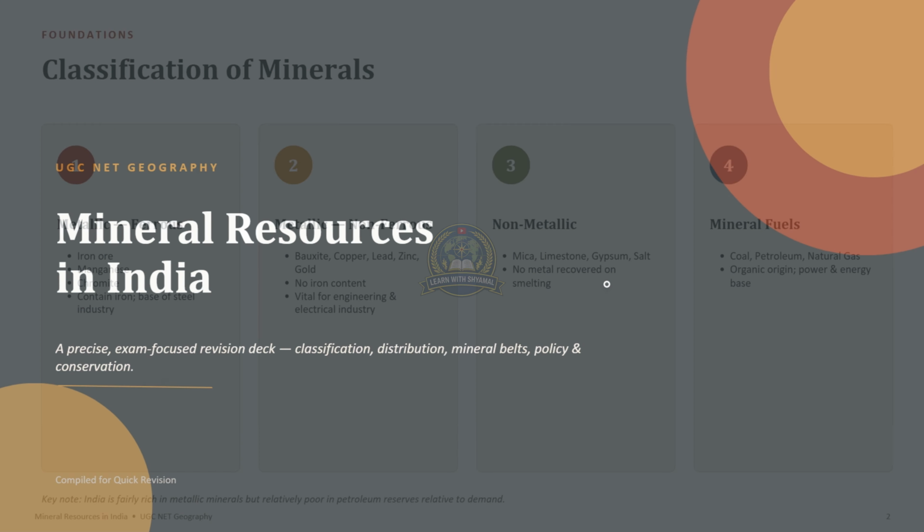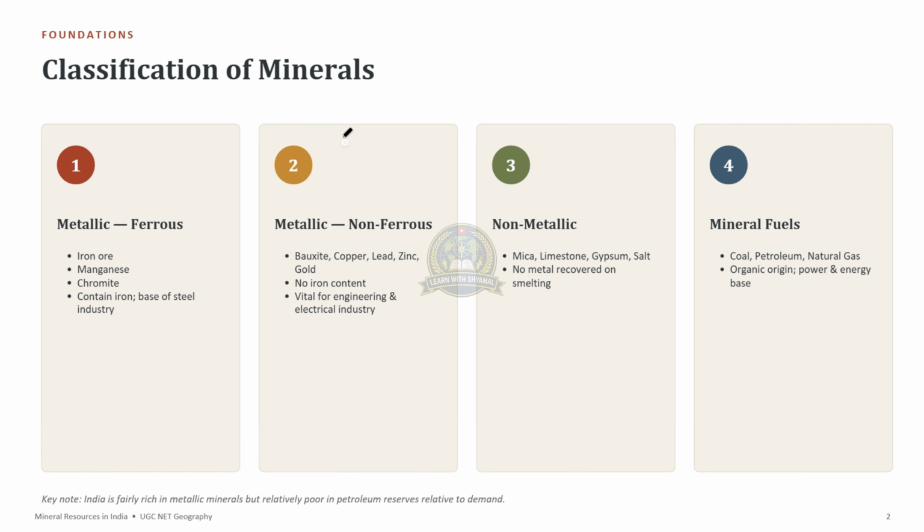Let's start the class. First of all, the classification of minerals. What are the major classes of minerals found in India? First, metallic, also known as ferrous: iron ore, manganese, chromite, contain iron, base of the steel industry.